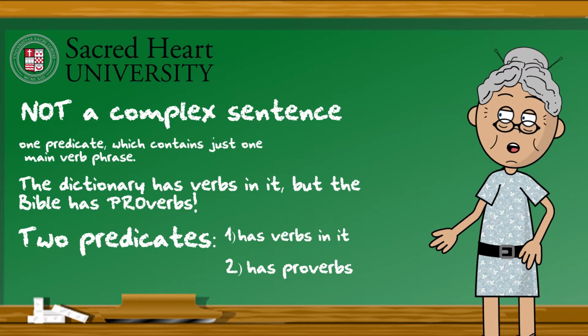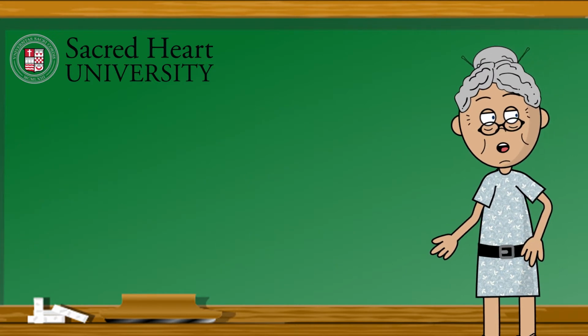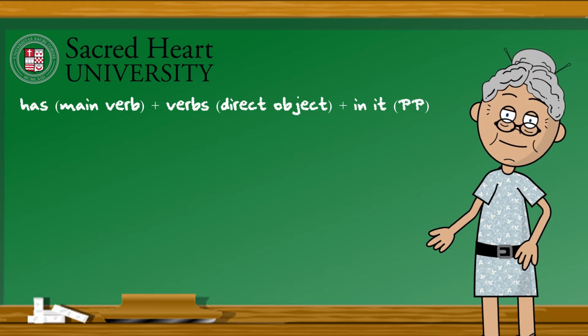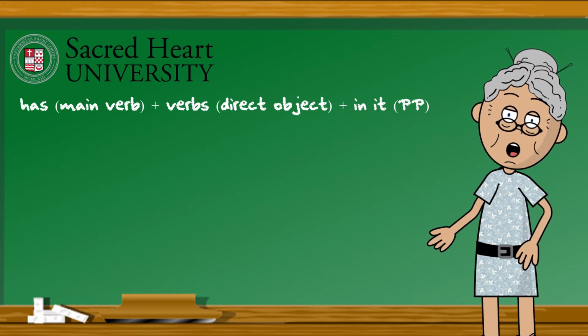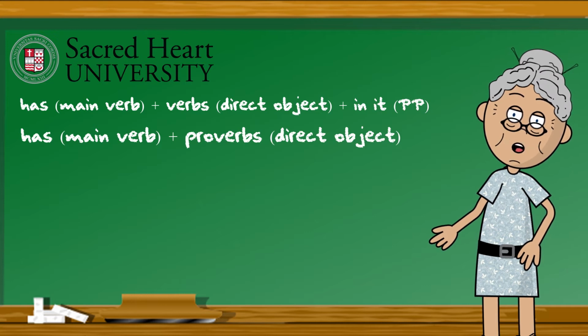And what are the verb phrases in these two clauses? You've got it. In the first one, it's has, which is the main verb, and verbs, which is the direct object, as well as in it, which is the prepositional phrase. The second one also has has as the main verb, but in this case, there's just the direct object, proverbs.